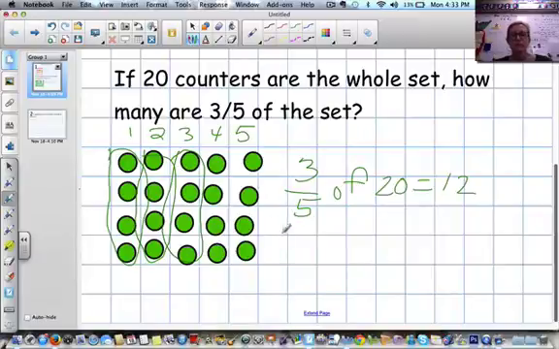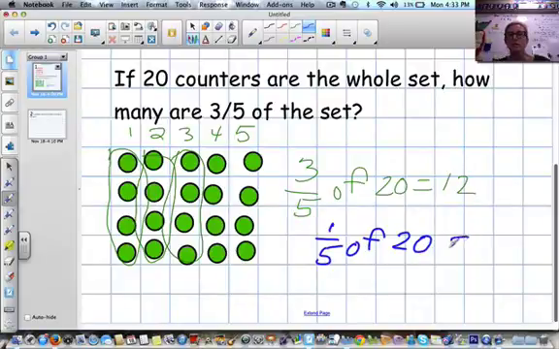Okay, so what's another way we could solve that same problem? We could think about it this way. If I'm talking about 20 counters and I want to know what 3/5 is, I can say, well, first, what's 1/5 of 20? I can just think, 5 times what number equals 20?